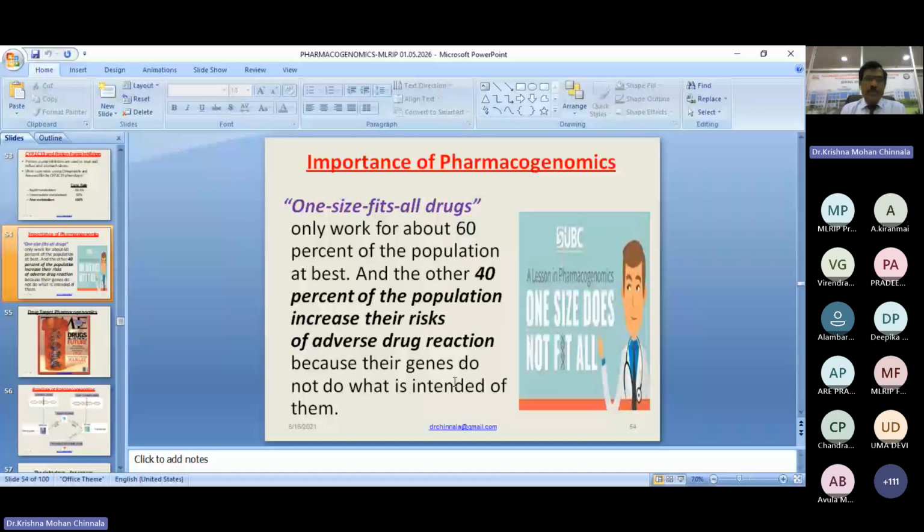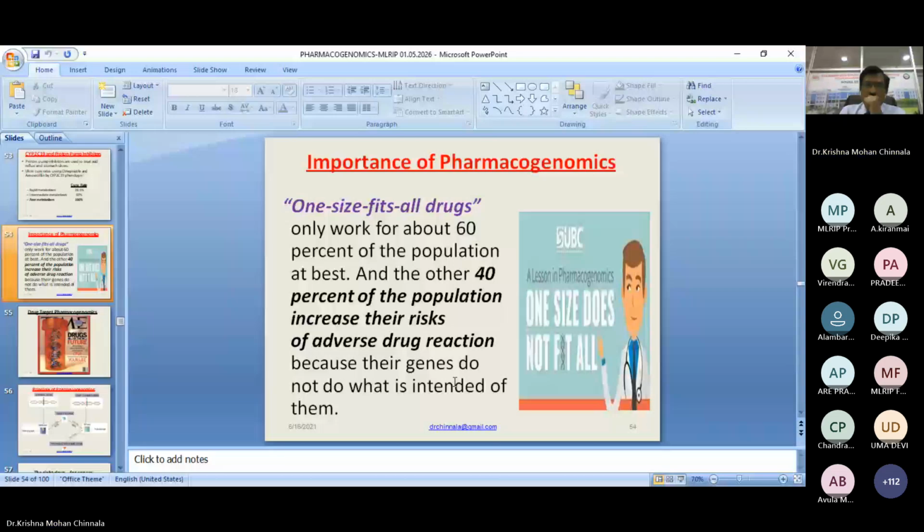And the other 40% of the population increase their risk of adverse drug reactions because their genes do not do what is intended of them. Is it clear? One size fits all drugs only work for about 60% of the population at best, and the other 40% increase their risk of adverse drug reactions because their genes do not do what is intended of them.